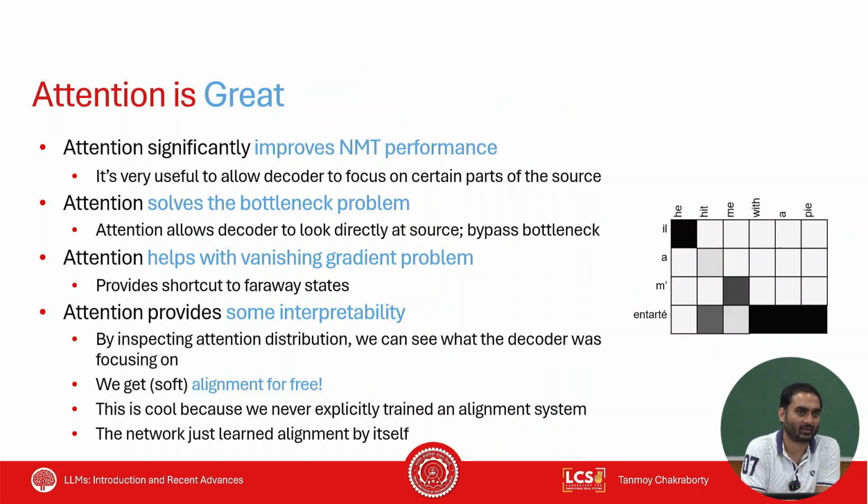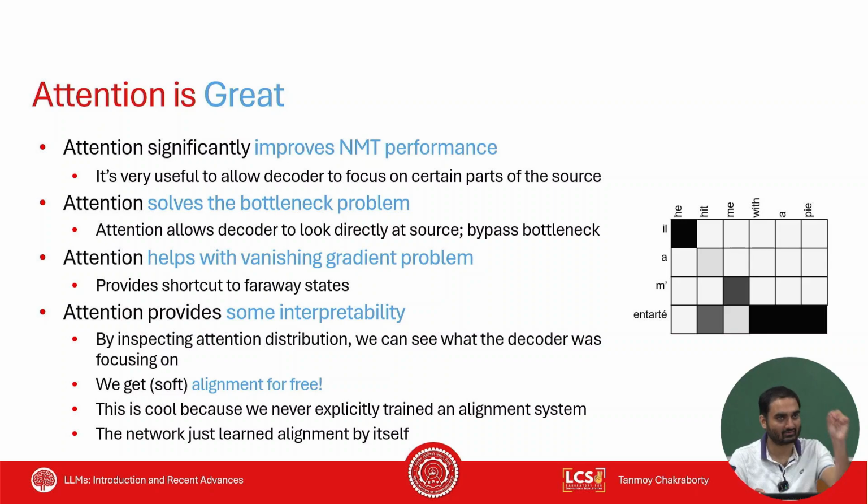Attention is great. Why? Attention not only gives you a shortcut from decoder to encoder, it also gives you many additional benefits. What are they? It reduces the bottleneck problem, as I already mentioned. It will also help address the vanishing gradient problem. Why?